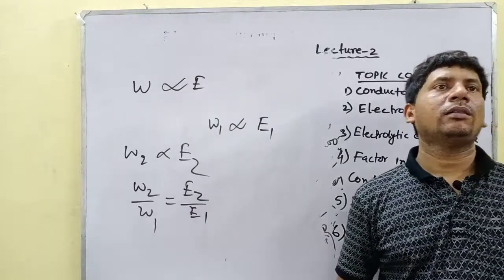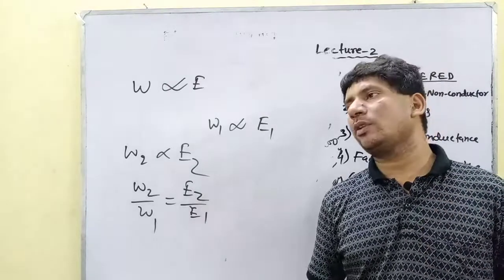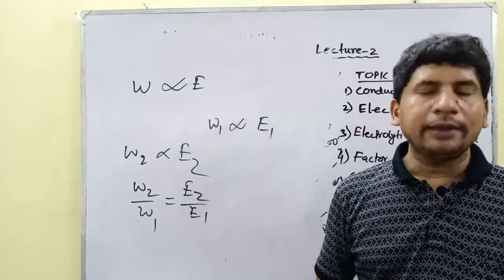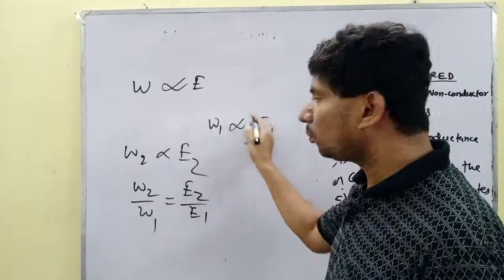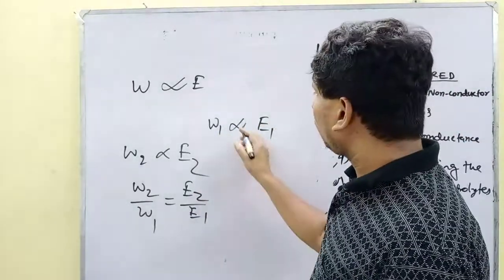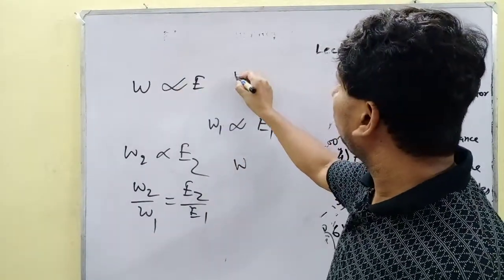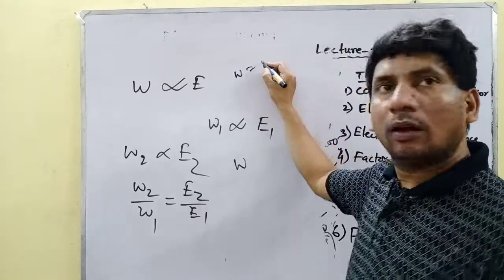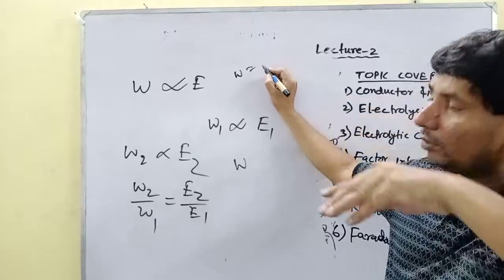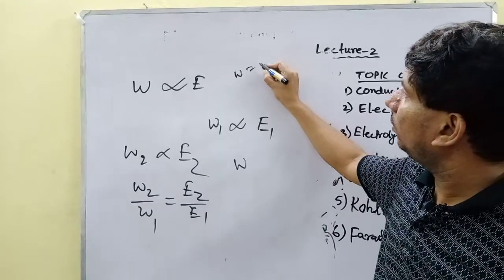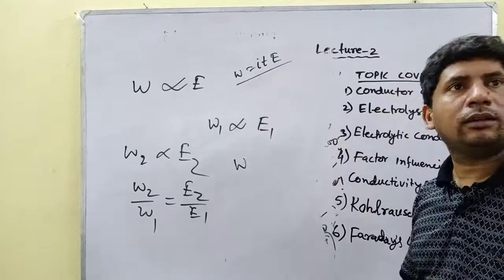That means W is directly proportional to IT into E. If the proportionality sign is removed, then we can write W equal to Q, the amount of charge carried, that means I into T into E. Clear?